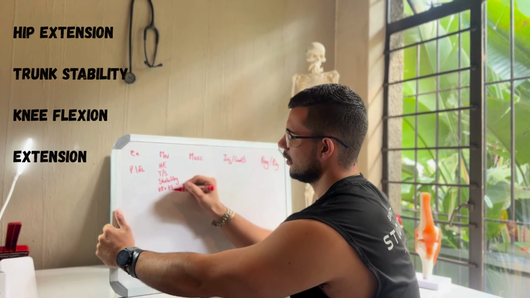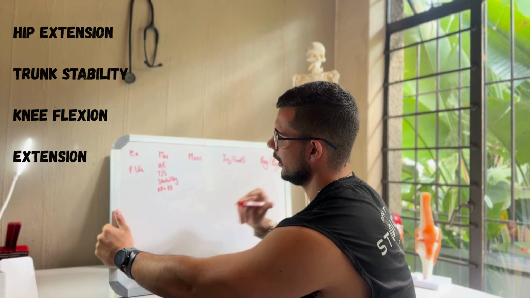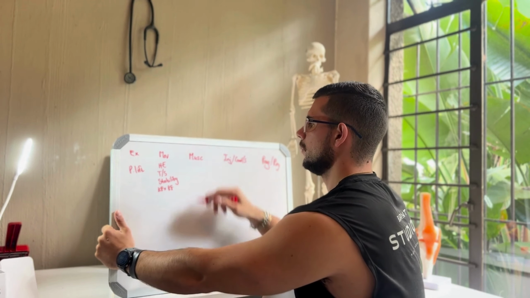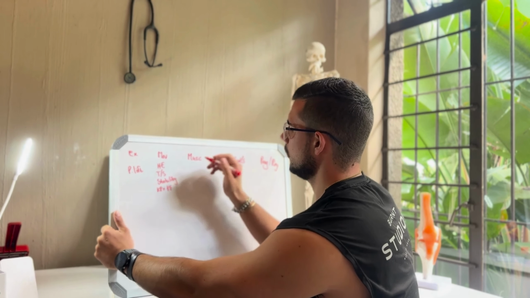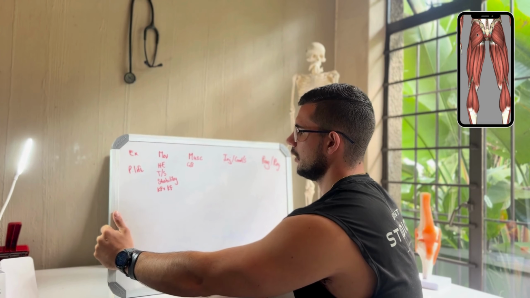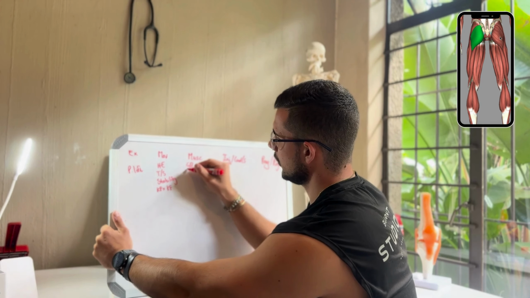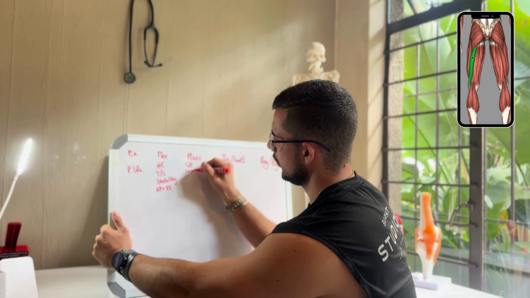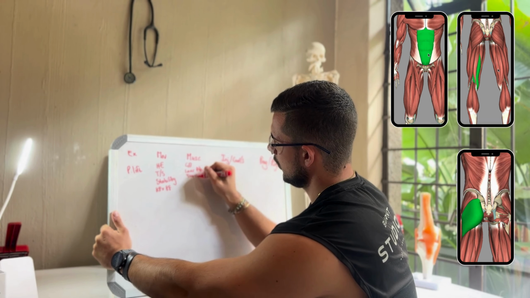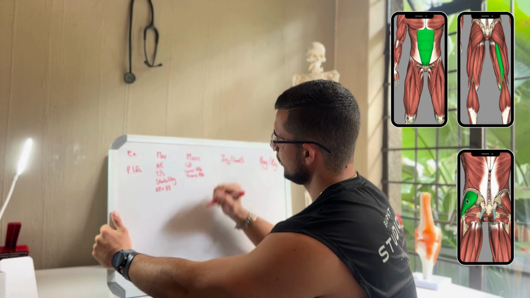Along with that, there is a lot of pelvic floor strengthening, especially if you have TA activation. But we're going to get into that with the muscles. So for the muscles, if we look at hip extension, we are looking primarily at glute max. Your trunk stability, we're going to look at your lower abdominals as well as your transverse abdominis.